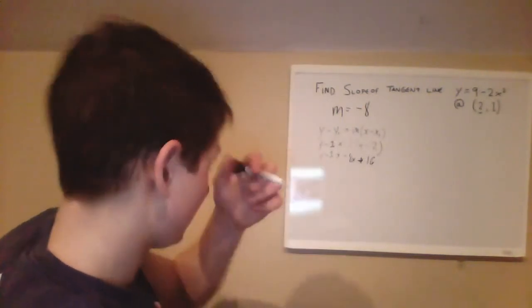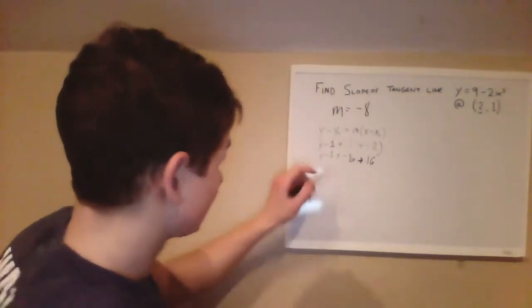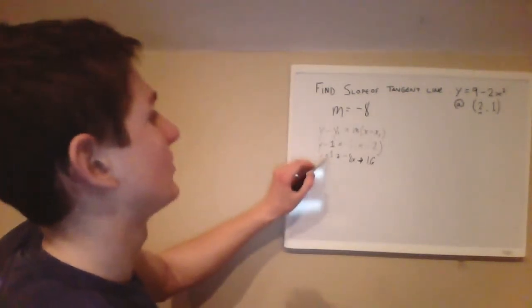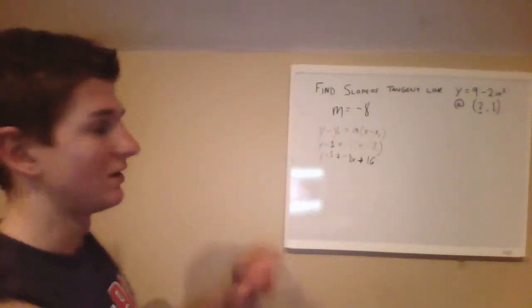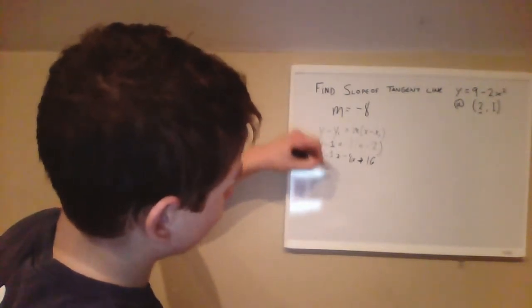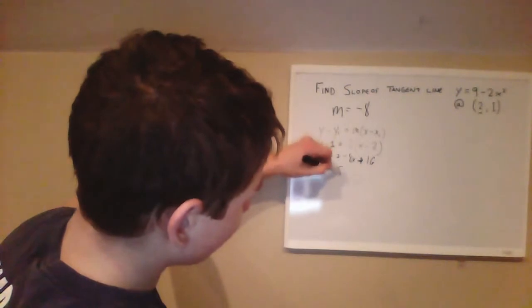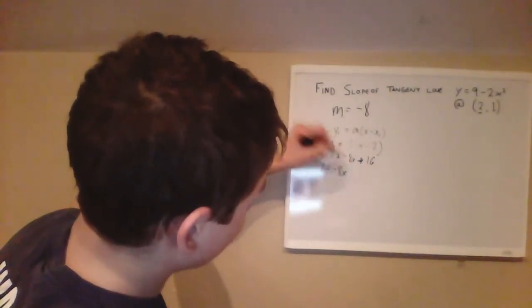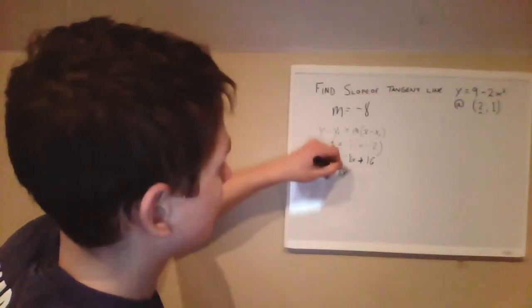Then you add 1 to both sides, and you get rid of this 1. So it turns out to be y equals negative 8x plus 17.